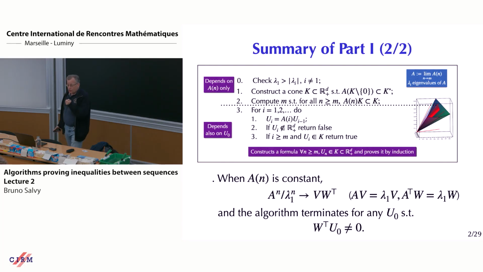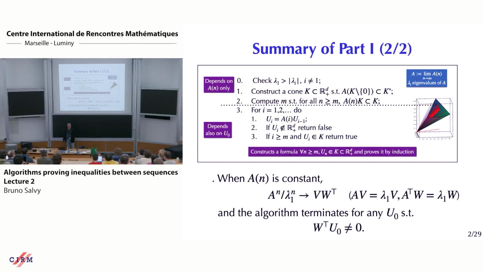And then if your initial condition u_0 is not in the hyperplane w transpose u_0 equals 0, then you will converge to v in direction. So it means in practice, you converge either to v or to minus v, but the direction will be that of v. And it means you will enter the cone or enter the opposite of the cone and you will be rejected.